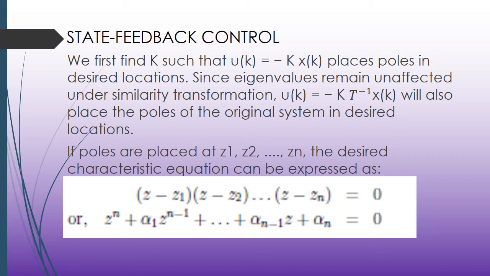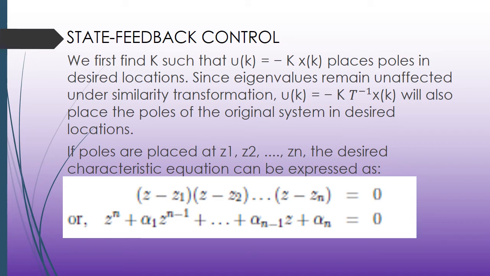We first find K̂ such that u(k) is equal to negative K̂ x̂(k), which places the poles in the desired locations. Since eigenvalues remain unaffected under similarity transformation, u(k) is equal to negative K̂ T^{-1} x(k). We will also place the poles of the original system in the desired locations.